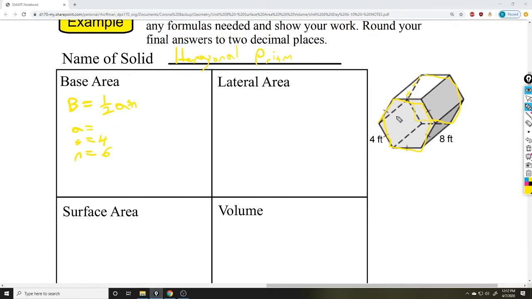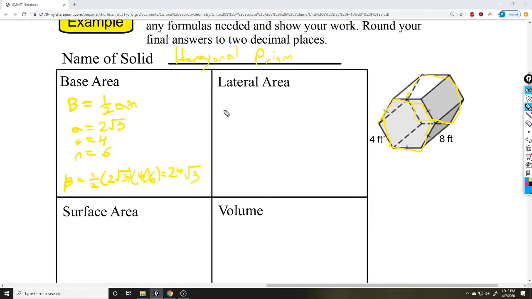And then we could draw out the triangle and solve it. But I'll go ahead and tell you that the apothem is 2√3. That means area of the base is going to be 1/2 the apothem, which is 2 square root of 3, times the side length, which is 4, times the number of sides, which is 6. And that's going to give us 24 square root of 3.